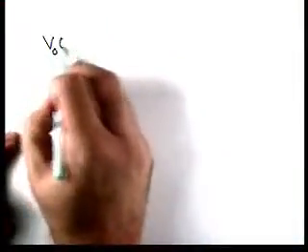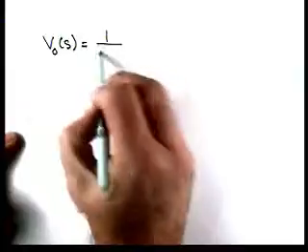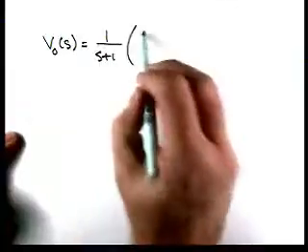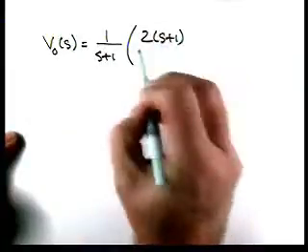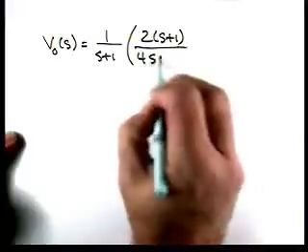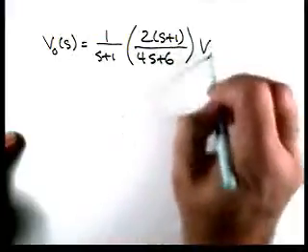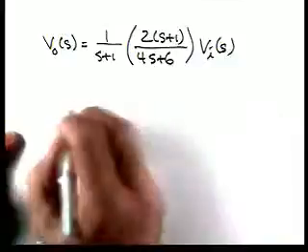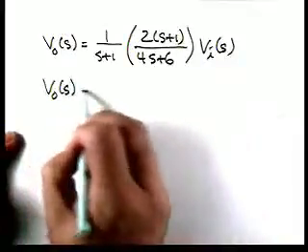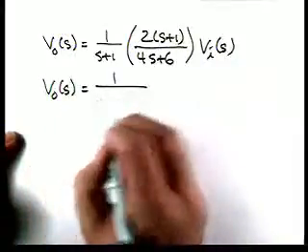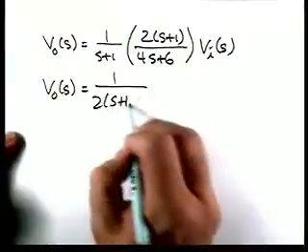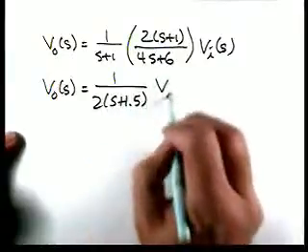So then V0 is 1 over s plus 1 times 2 times s plus 1 over 4s plus 6 times Vi. So then V0 is 1 over 2 times s plus 1.5 times Vi.